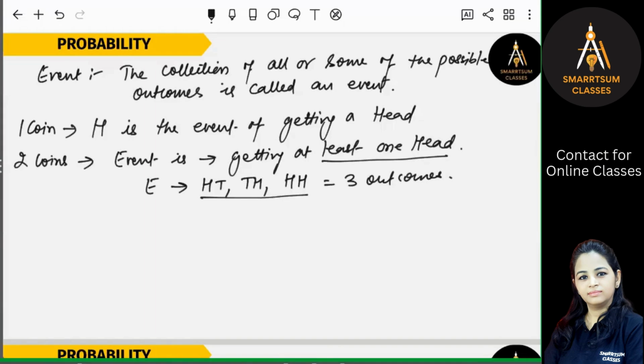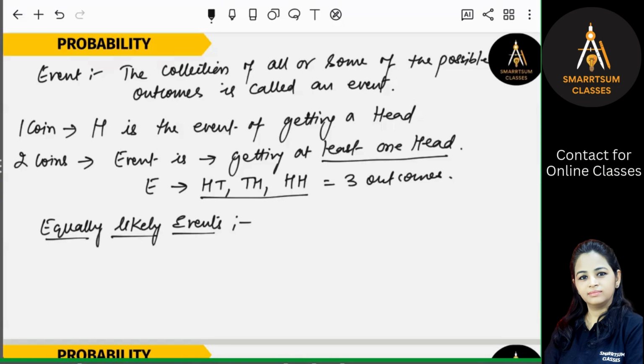Is that clear? Now, what is the meaning of equally likely events? A given number of events are said to be equally likely if none of them is expected to occur in preference to the others. For example, if we roll an unbiased die, each number is equally likely to occur.